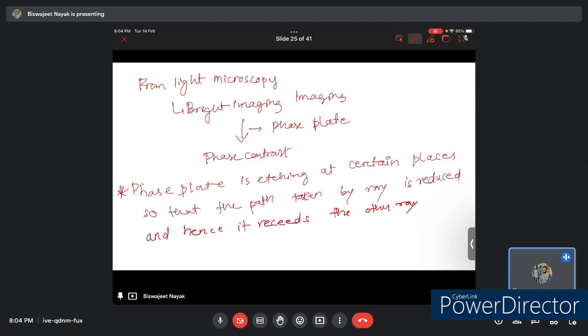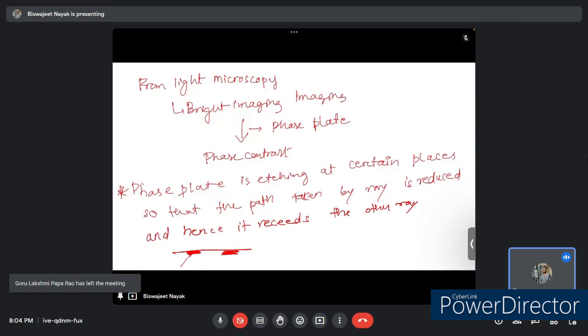Like let's say here we will do the etching. If light is coming through here and through here, the light will take lesser time through this part than this part. Because of this time difference, we are getting those phase differences. We can say the wave is lagging behind here with respect to this path.